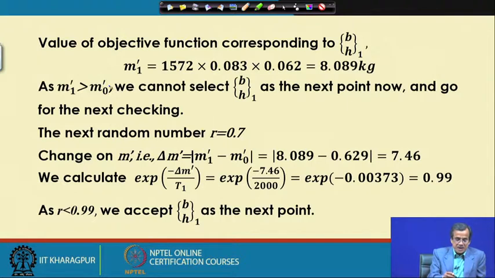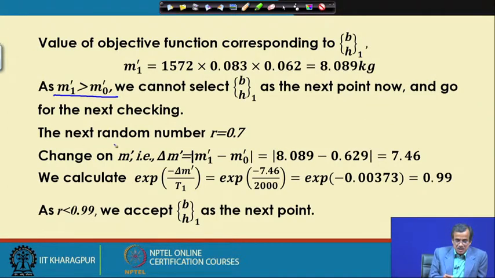Based on this condition, we cannot select B, H 1 as the next solution, and just to give this solution another chance, we go for the next checking, which, as we discussed while discussing the principle of simulated annealing, is based on the Boltzmann probability distribution. That expression I have already discussed in detail.